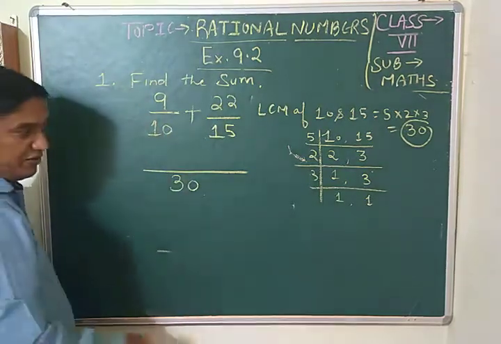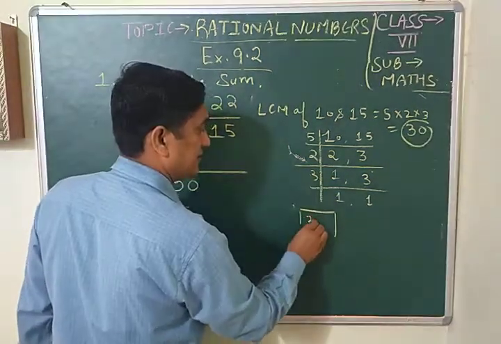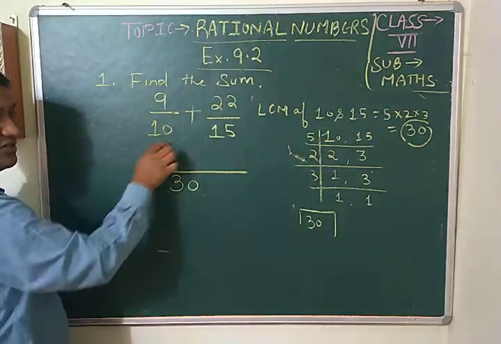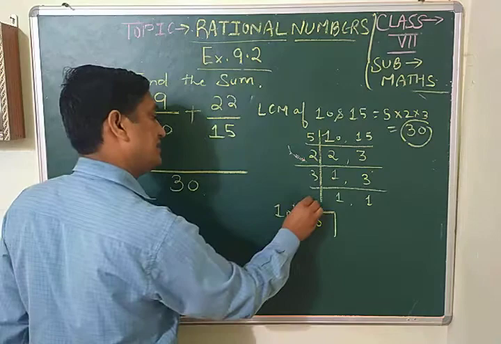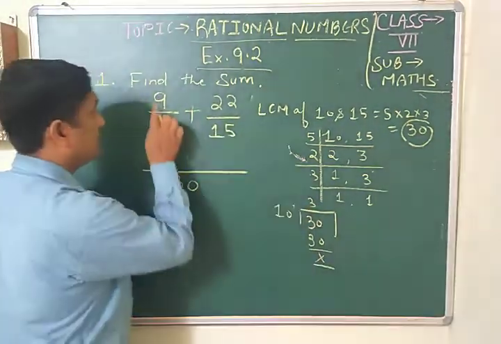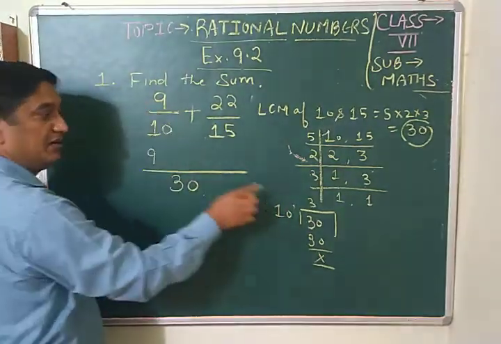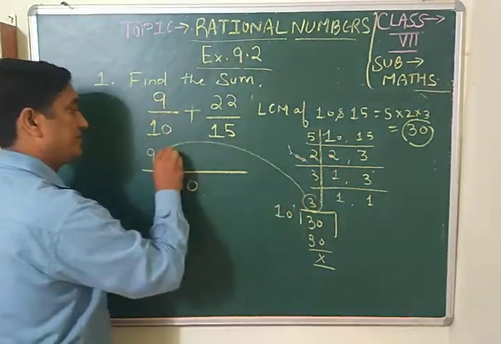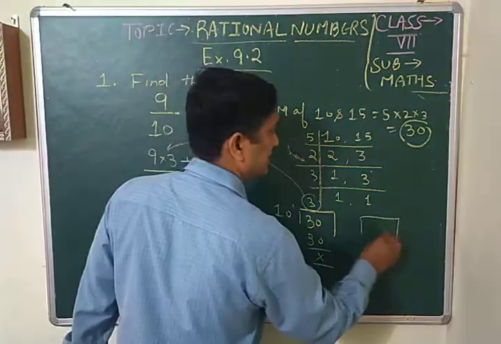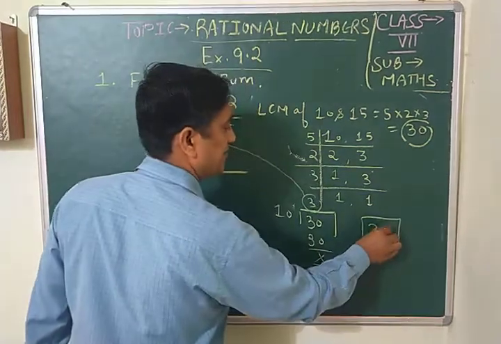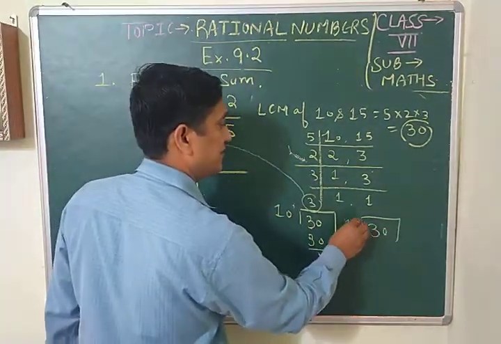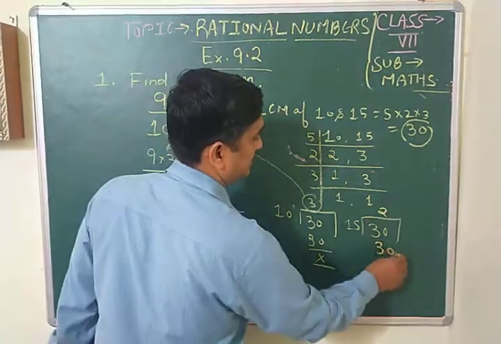Now same steps we will follow. Divide this LCM 30 by the first denominator of this rational number, 10. 10 3s are 30. Now we have to multiply this numerator by this quotient. Then plus. Now again we have to divide this LCM by the denominator of the second rational number. 15 2s are 30.